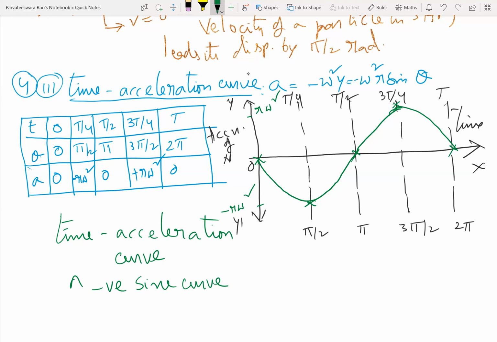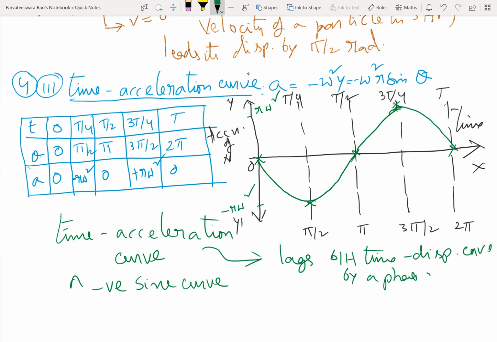So this time acceleration curve lags behind time displacement curve by a phase of pi radians.